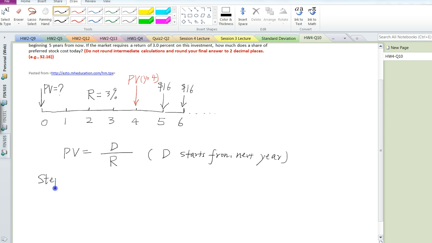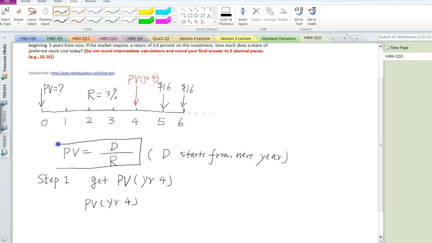Step 1, get the present value in terms of year 4. And this we can do using the formula, which is right here. Now the first payment, which is year 5, starts from next year when we stand at year 4.